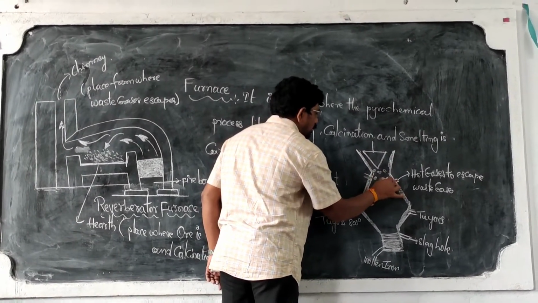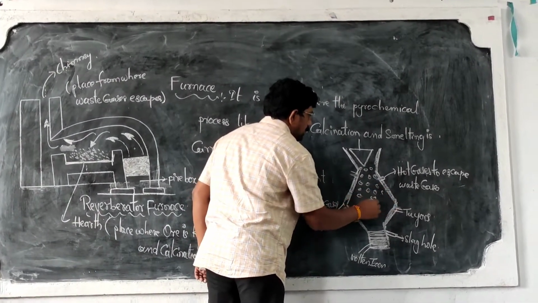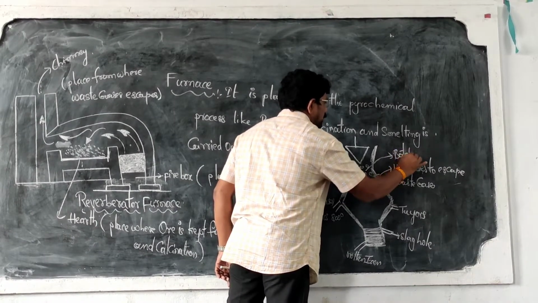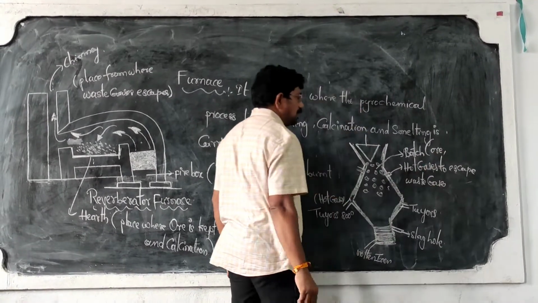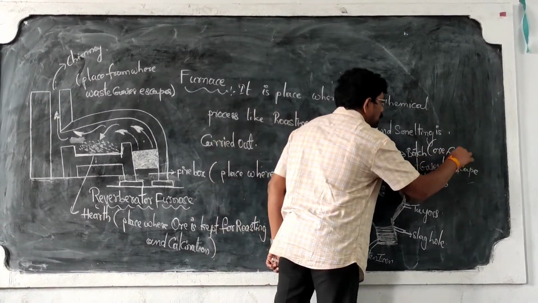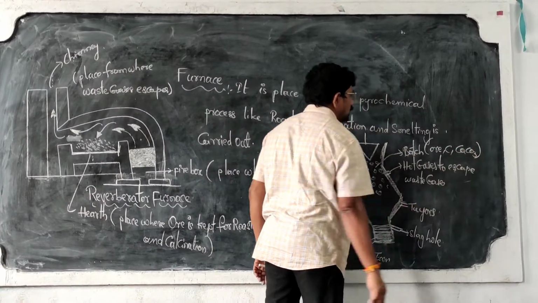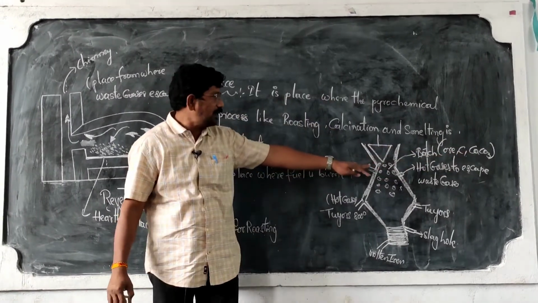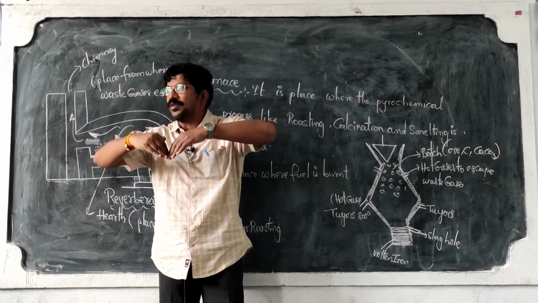From this you introduce what is that? Batch. Batch is nothing but a mixture of ore, remember these things, and coke and calcium carbonate, limestone. A mixture of these three is known as batch. That batch is introduced from the top of the furnace.